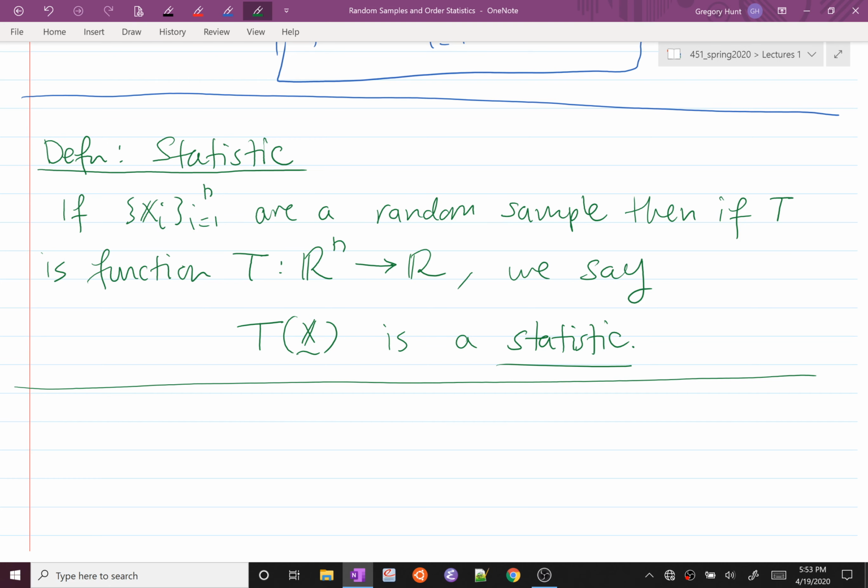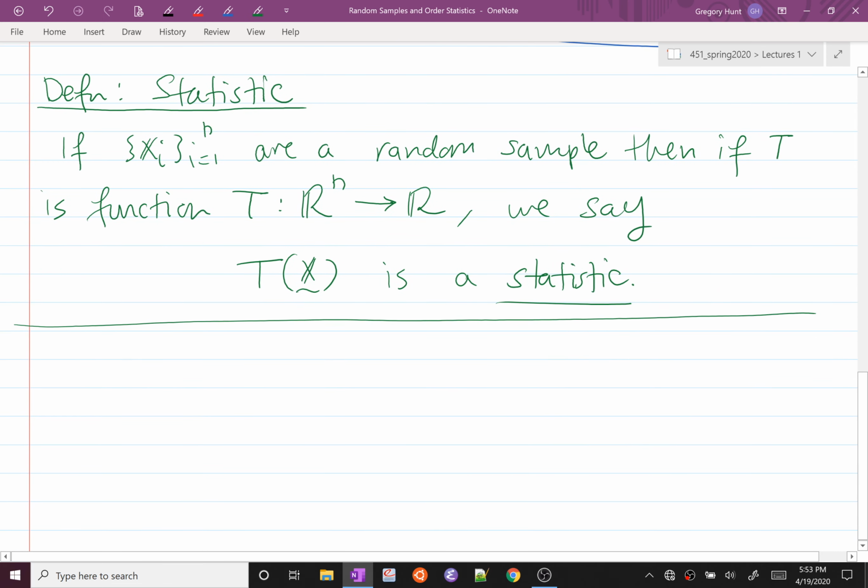So again, we're just redefining a function of a random sample, or a function of a multivariate random variable, as a statistic. And typically we think of the x's as being a random sample. This may seem like a strange definition, but it's more or less what we think of when we think of a statistic. A statistic is a summary of a bunch of numbers. If I have n numbers, I summarize them into one number.